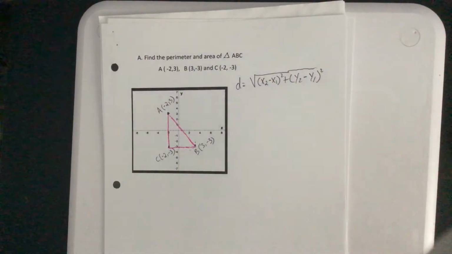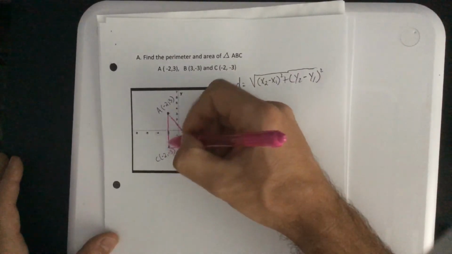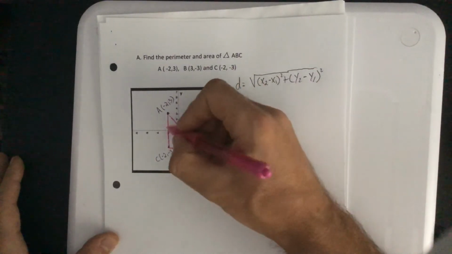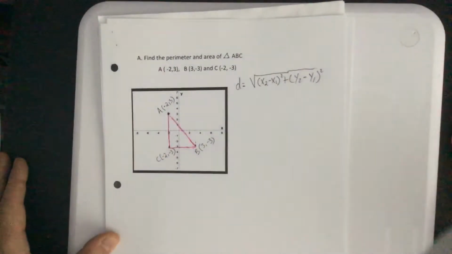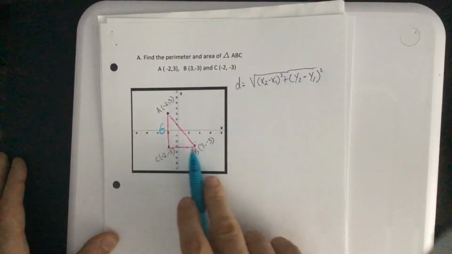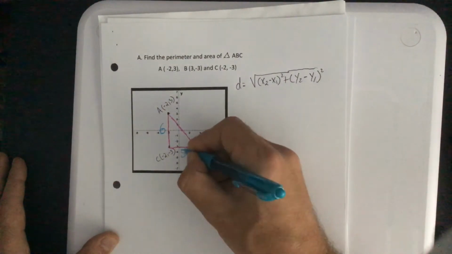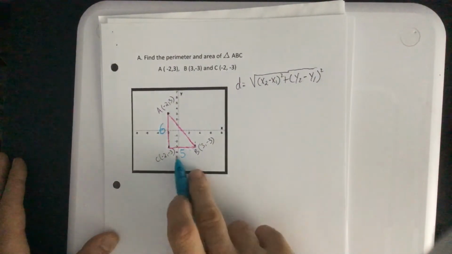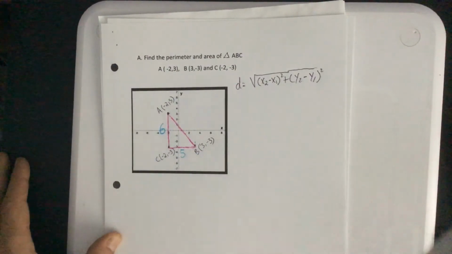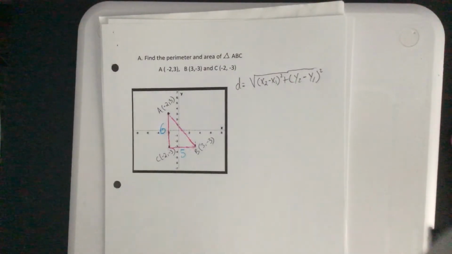So let's label the length over here. From here to here, if you count the squares, you're gonna have 6 units. From here to here, if you count the squares, you're gonna have 5 units. 1, 2, 3, 4, 5. Over here, 1, 2, 3, 4, 5, 6. Pretty simple.